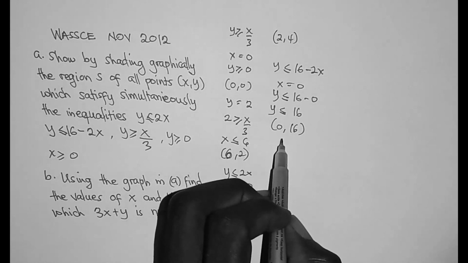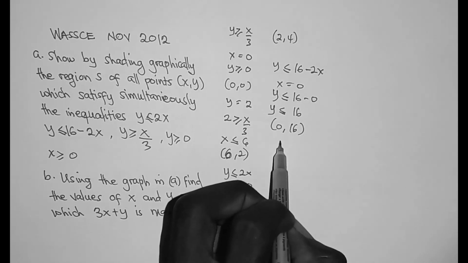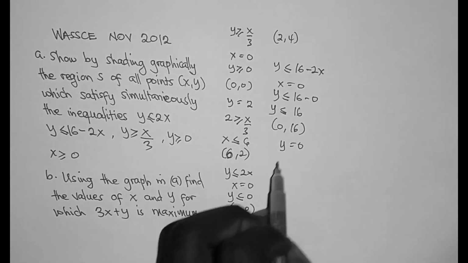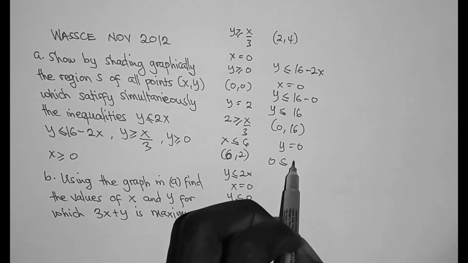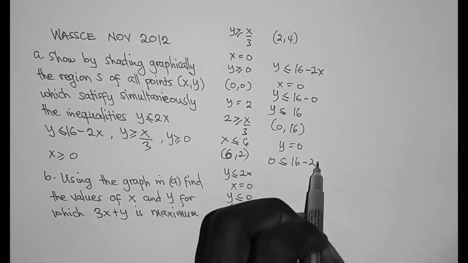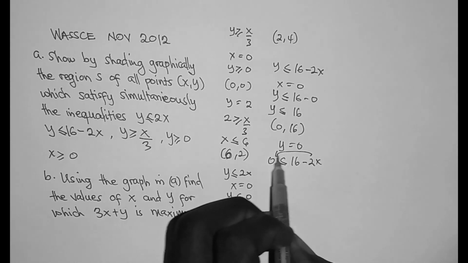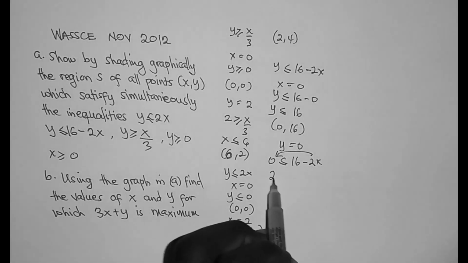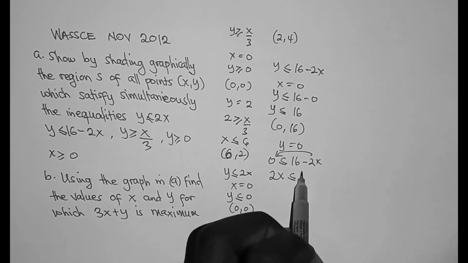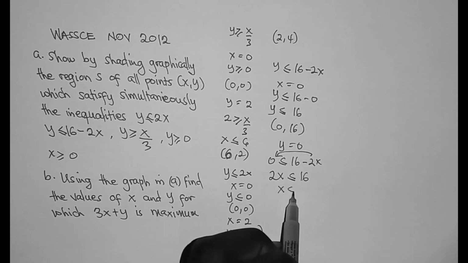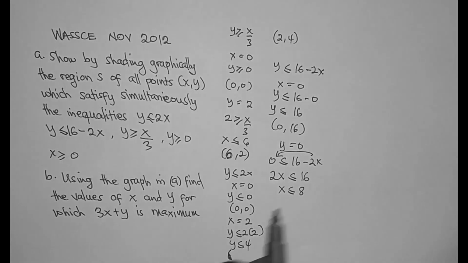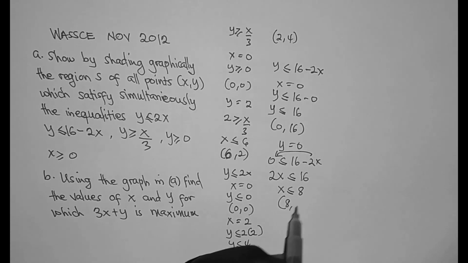Then let's set y equals 0. You see that 0 is less than or equal to 16 minus 2x. So I'm bringing minus 2x to this side. We'll get 2x is less than or equal to 16. X is less than or equal to 8. So we have the point 8, 0. So let's write down all the points.